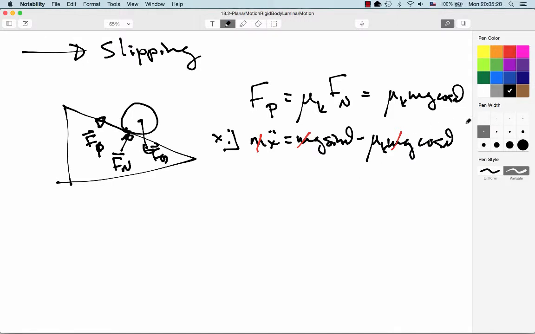We also have that for our rotations, I omega dot is equal to the force of friction, that'll be mu k mg cosine theta times the lever arm, which is a.